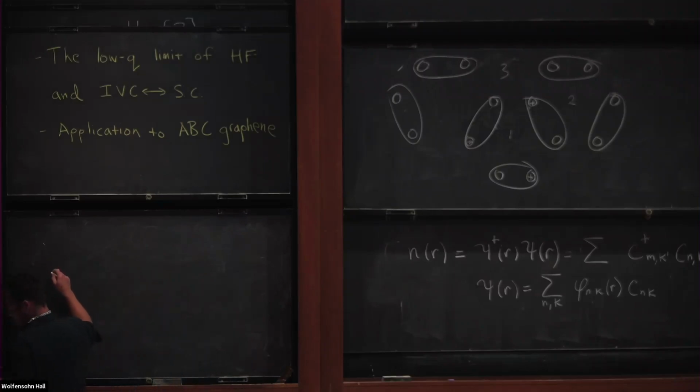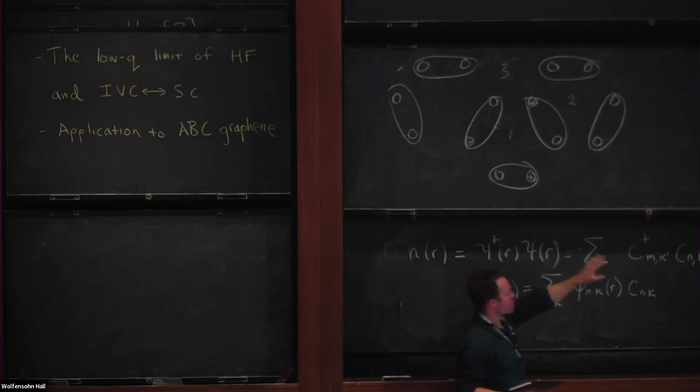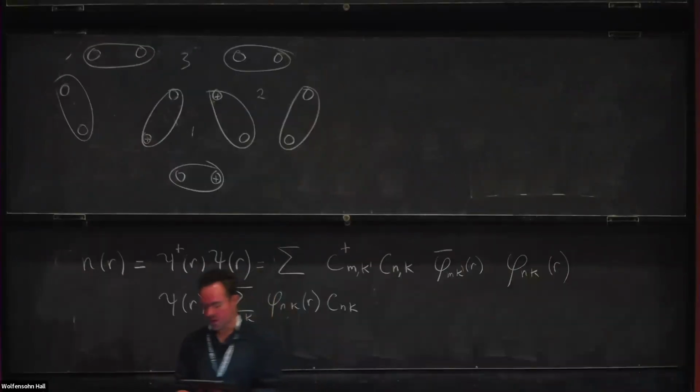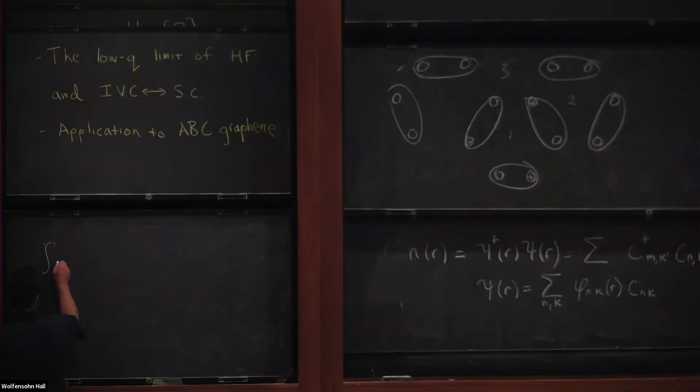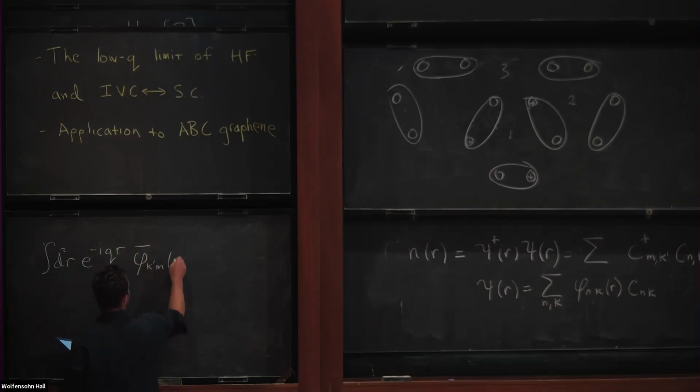So what we would then find is that when we substitute in this ansatz here and take the Fourier transform with respect to R, we're going to need the following quantity, the integral of d squared R of the wave functions with e to the negative iQR.